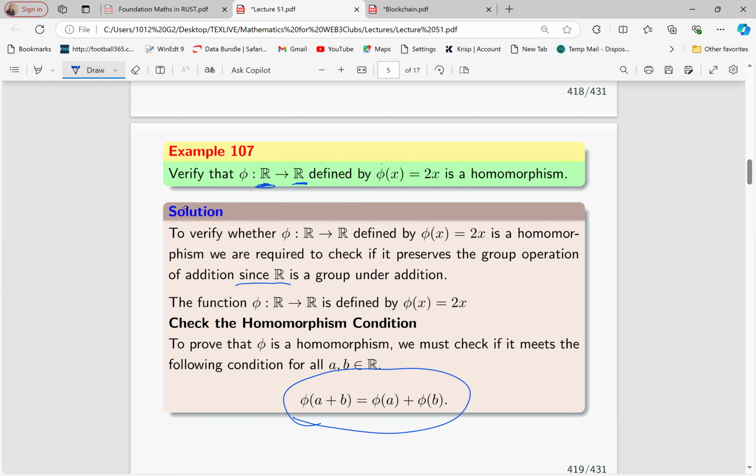Remember that if it's multiplicative, it's supposed to have a star. We have already looked at that. So since it has no star, it's an additive group.